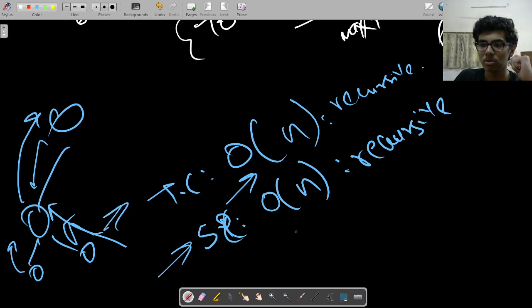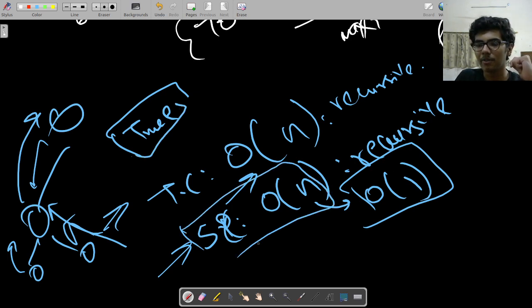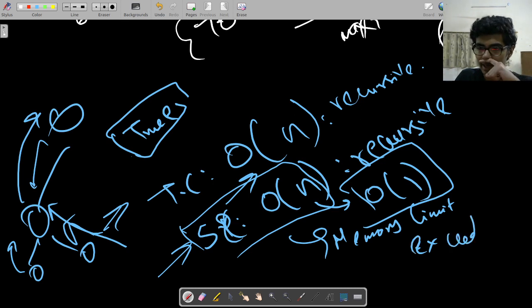Space complexity is O(n), and if I was using the iterative approach, it would be O(n), right? But the iterative approach is difficult to think of for a tree. Okay, so we prefer the recursive approach, since it will not give me memory limit exceeded. So that's why I am using the recursive approach.